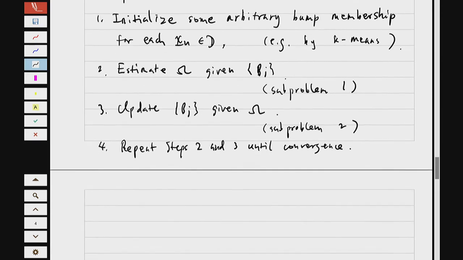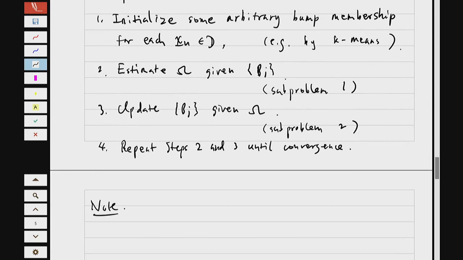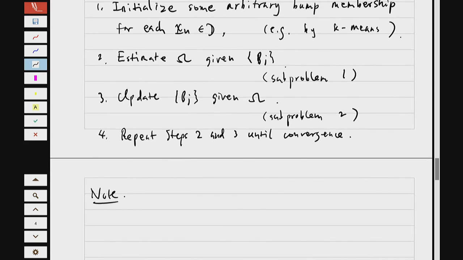To show convergence, first of all, the convergence is guaranteed. Just like k-means, convergence is guaranteed, except that the proof of convergence is quite a bit harder than k-means. But it has been proven. The main reason is that in the k-means case, we know E_in(omega) just keeps decreasing, and there's a lower bound, so it converges by the monotone convergence theorem.